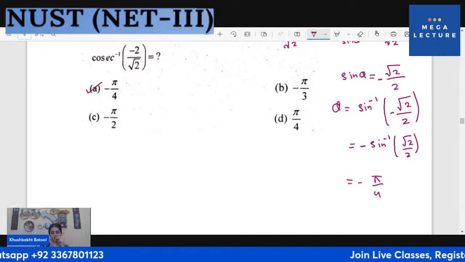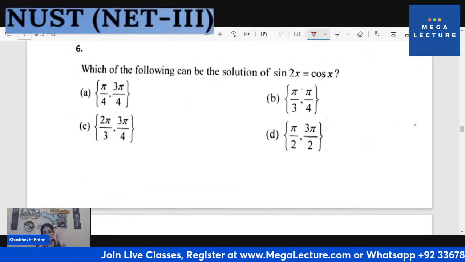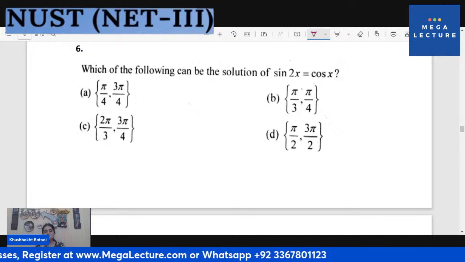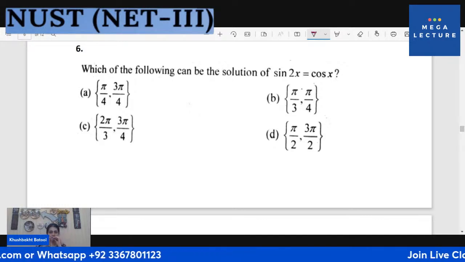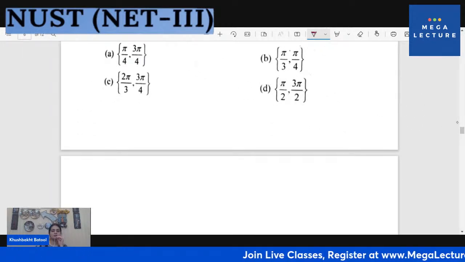Okay, all right. Let's talk about the next question quickly. This is again very important. It says, which of the following can be the solution of sine 2x equals cos x? Now for this question, you need to think about things very, very logically.